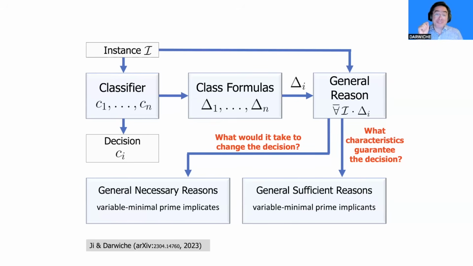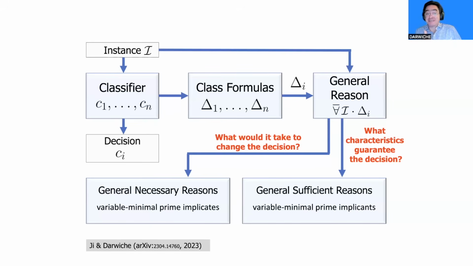Well, it turns out monotonicity is a degenerate case of a property called fixation that we also introduced in this paper, which I'm going to show you next. And the general reason does satisfy that fixation property, and that property plays a similar role in facilitating computation of prime implicants and implicates.